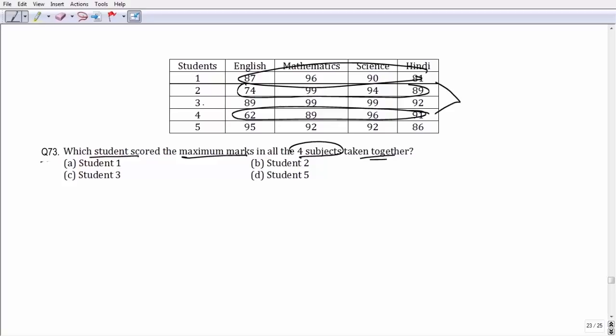So only by comparing the 3rd and the 5th one, where initially there is a lag of 6 marks with our person 3, but in the second paper there is an increase of 7 marks, and so is the increase of 7 marks in the 3rd paper. And if we talk about the 4th paper, again there is an increase of 6 marks. That means overall third has more marks as compared to the 5th one, and this leaves option number C as your answer.